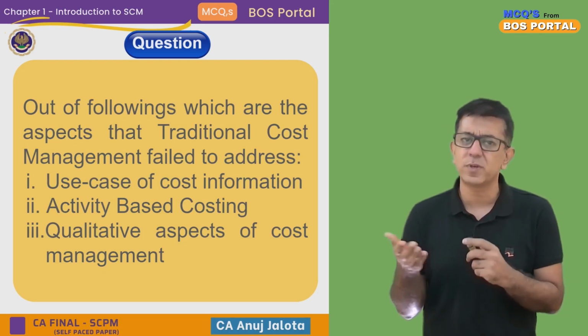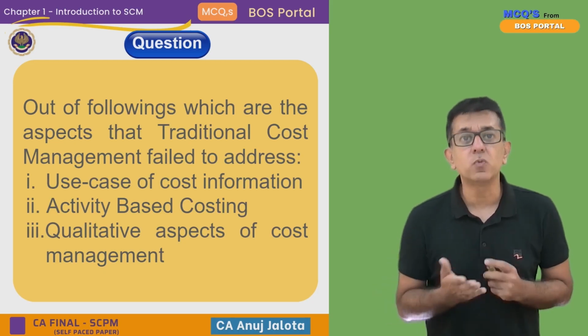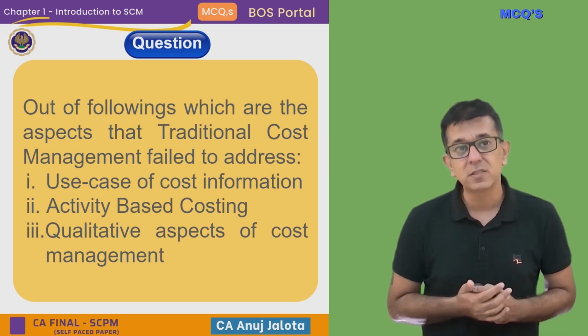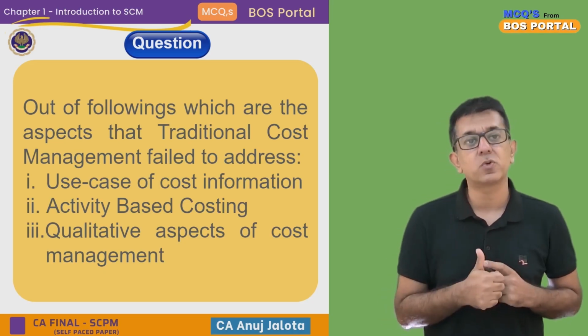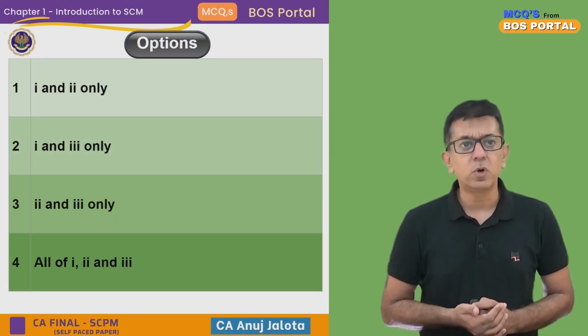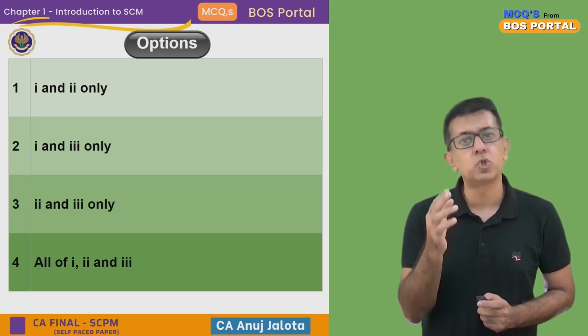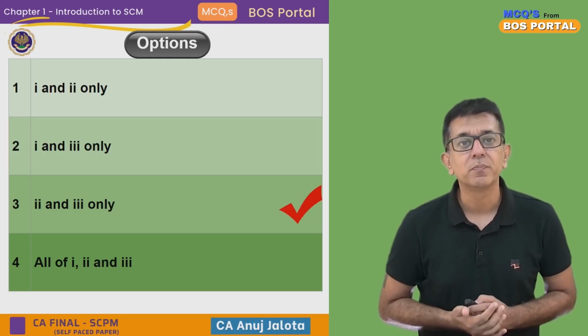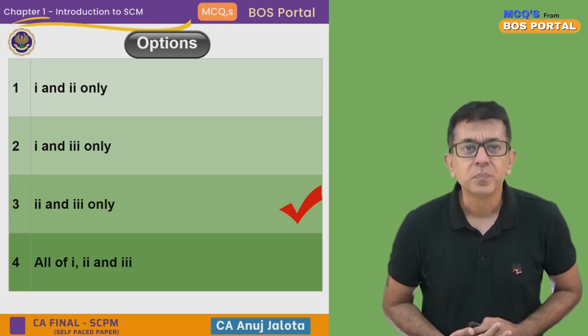There are so many aspects also. So this is whatever your modern cost or your strategic cost management does. It considers activity-based costing and it considers qualitative aspects also. So therefore, second and third should be the correct answer because traditional cost management does not talk about them. Yes, that is the correct one.